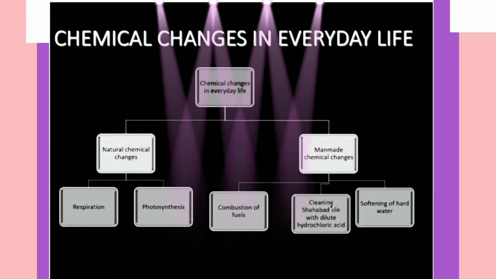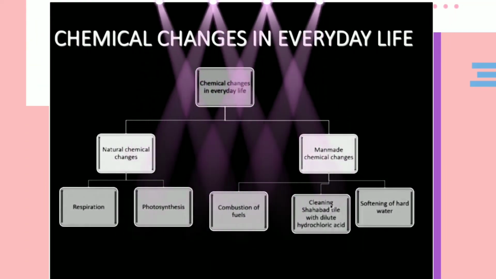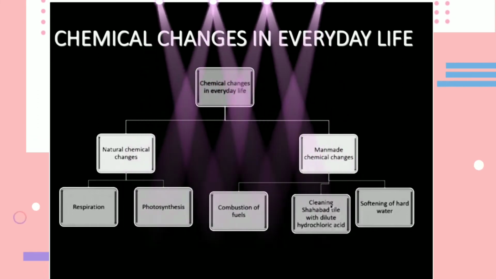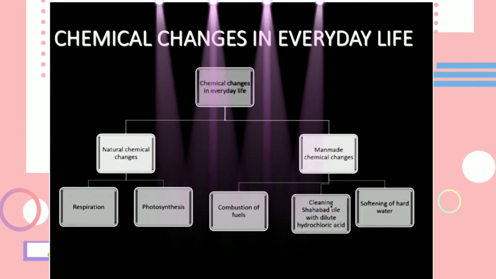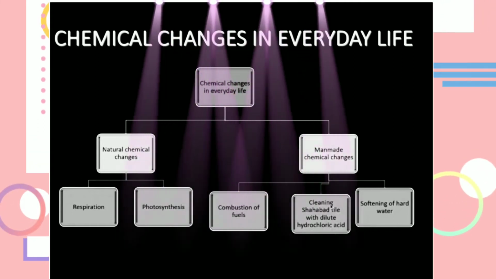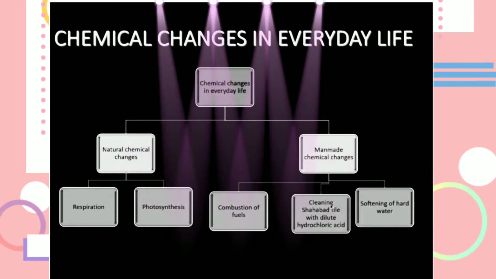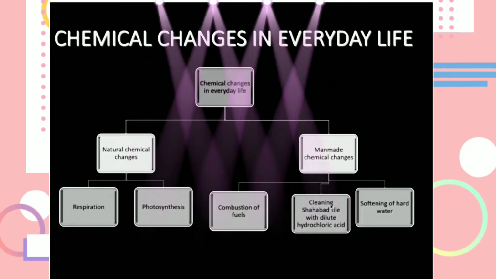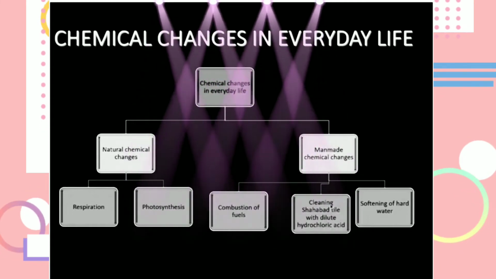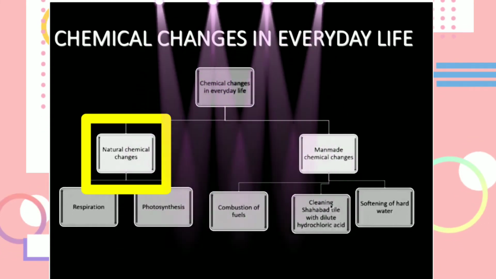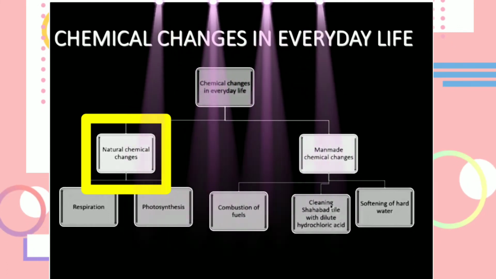Chemical changes in everyday life. We find many examples of chemical changes in our surrounding, body, home, and laboratory. Let us see some chemical changes for which word and chemical equations can be written easily. So they are divided into two. The first is natural chemical changes.